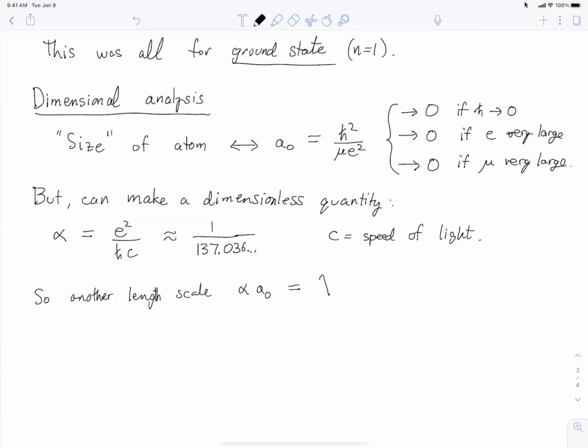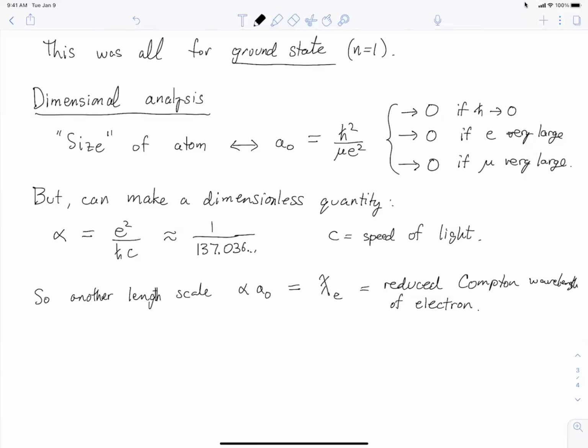That's still a length, and it's given a name, which is the reduced Compton wavelength of the electron. So the symbol for it is lambda, which is usually used for wavelengths, with a little slash through it, with an E for electron, and the name is reduced Compton wavelength of the electron. The reason it's called reduced is because there's another Compton wavelength of the electron, which is just 2 pi times this.